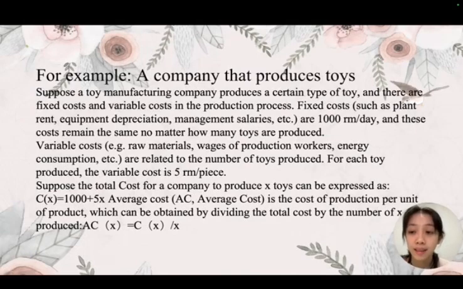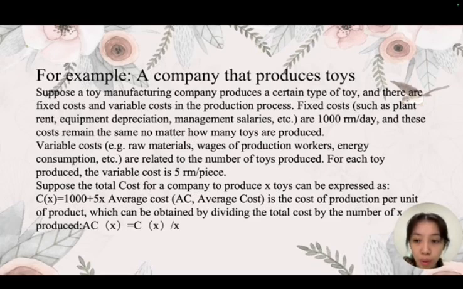Let's look at this example. Suppose a toy manufacturing company produces a certain type of toy. Fixed costs are 1,000 ringgit per day, and variable costs are related to the number of toys produced.